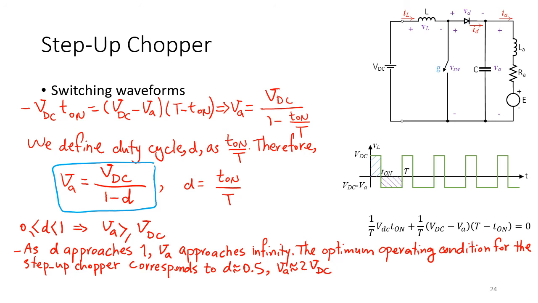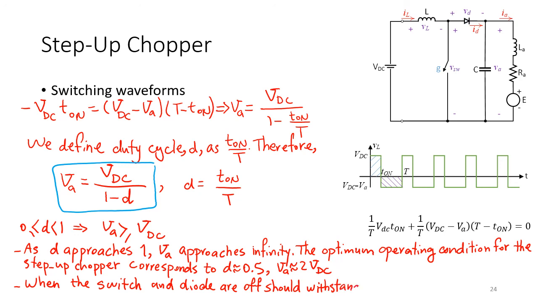Let me also write this one. When the switch and diode are off, the switches should stand an off-state voltage of VA.